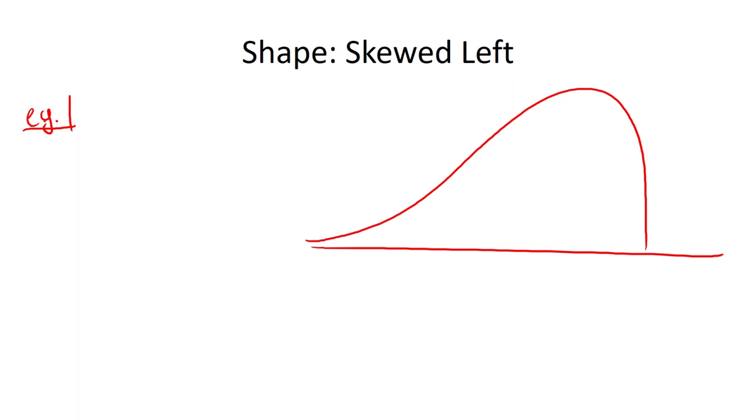Age of what? Just age of Americans? That's probably going to be skewed to the right, because most people... and that's going to be a goofy one. I'm not sure, actually. Because it'd probably be almost uniform across a lot of age groups, and then it would drop off and be pretty skewed out towards the higher ages.